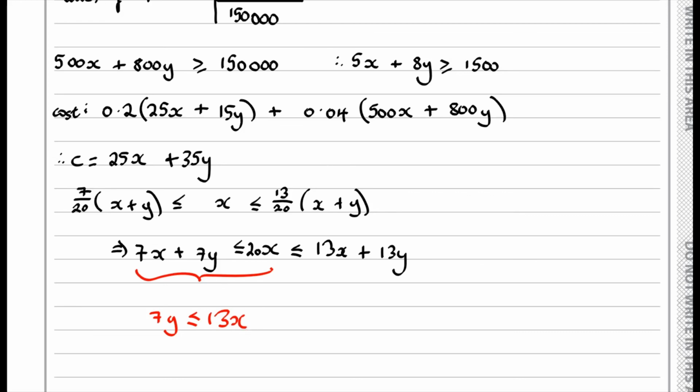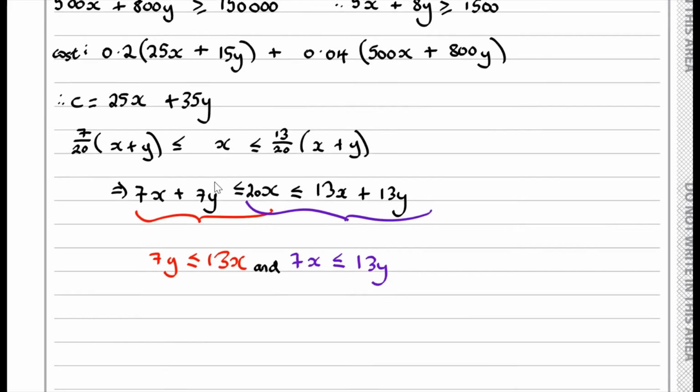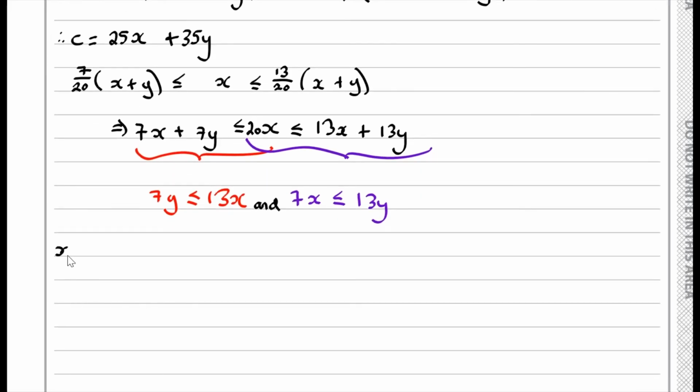And then if we split the other one like this, taking 13x from both sides, you'd find 7x is less than or equal to 13y. So we have two inequalities as shown. And that's basically it. We've got this inequality, this inequality, this inequality subject to this, and we also have x and y both being greater or equal to 0.